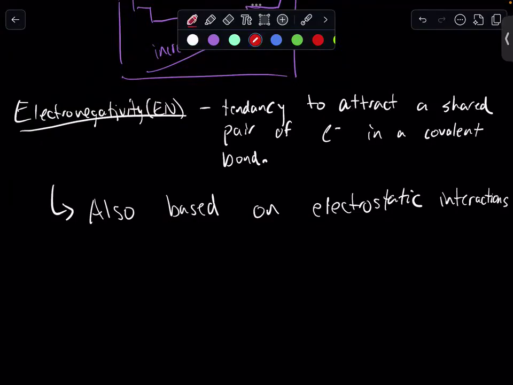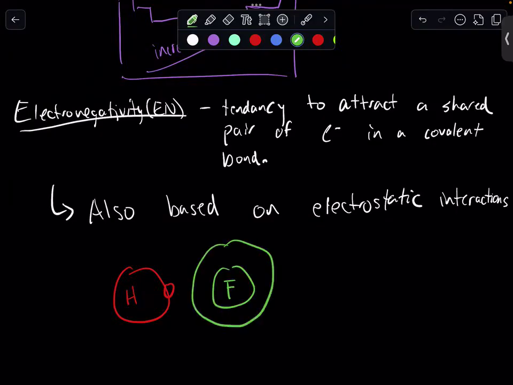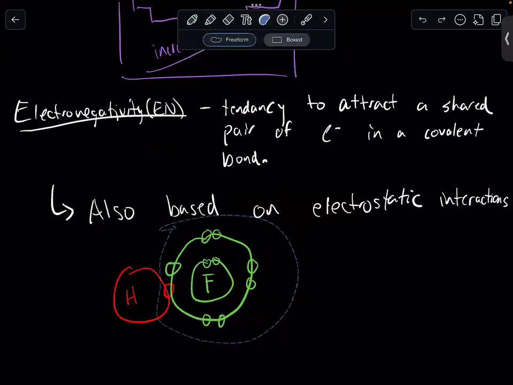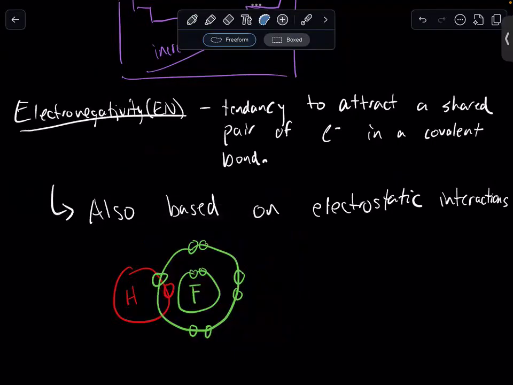If we look at maybe not helium, a hydrogen atom with its one electron, and maybe a fluorine atom with its nine electrons, but seven valence electrons, and we bring these two together so that they overlap a little and they share that electron.